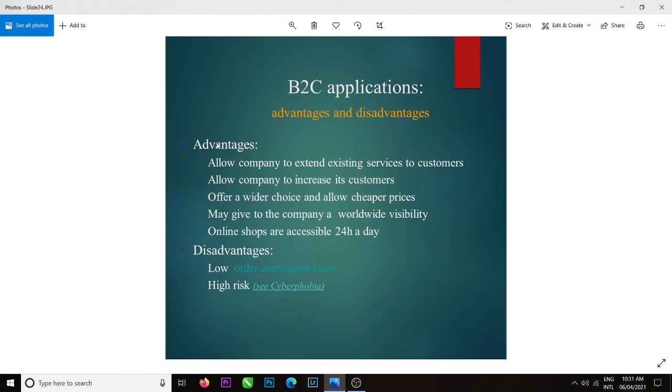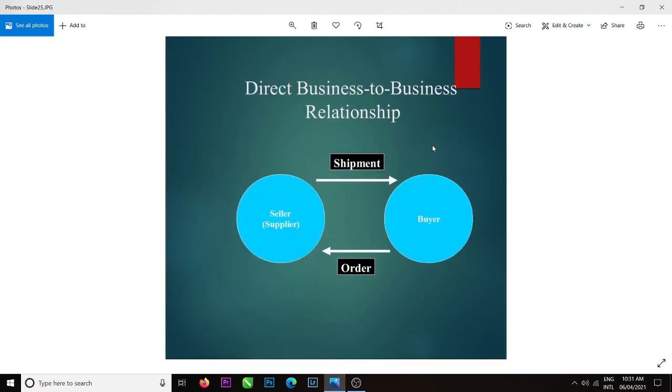We don't know who is the middleman accepting our order, who is looking at our order, and we don't know everybody, even though we try to buy the goods. So in the meantime, cyber crimes may increase, and there is a threat of our confidential data being misused further. So that is B2C.